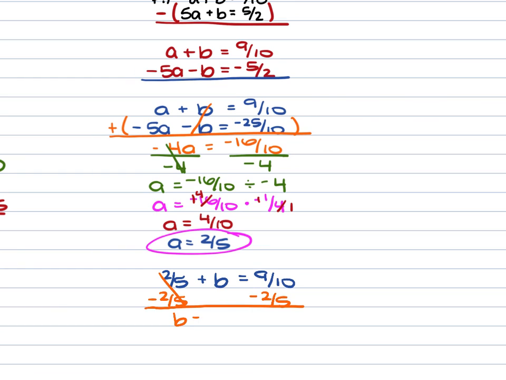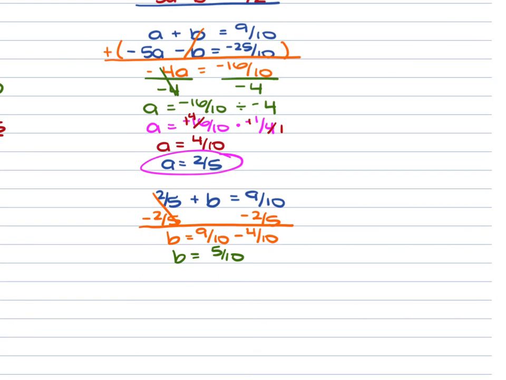I'm going to get b is equal to 9/10 minus 2/5, which is 9/10 minus 4/10, which gives us b is equal to 5/10, and that simplifies to be b is equal to 1/2. So now I have what b is equal to as well. When I write my solution to this, it's just like x comma y, it's going to be a comma b. So my ordered pair is 2/5 comma 1/2.